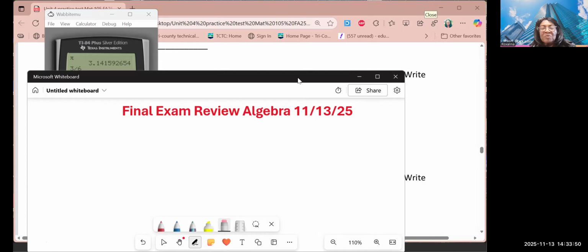We're told to solve this equation, or evaluate the expression.